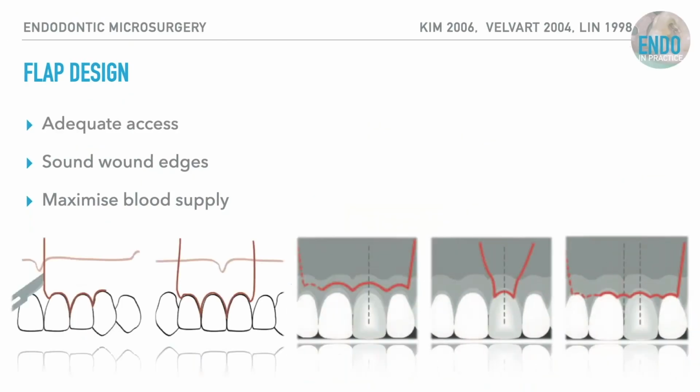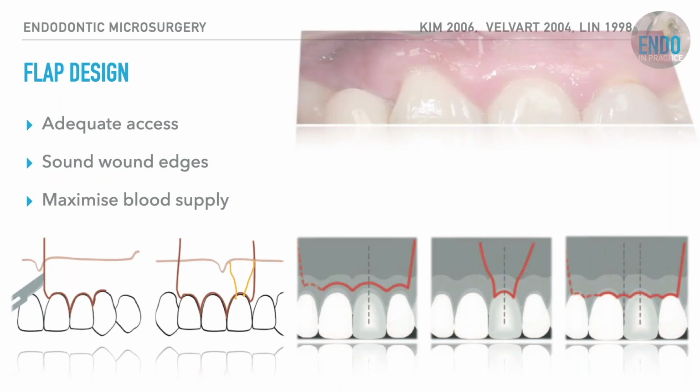Flap design. There are many out there. What I really don't like to see is an incision that's designed at an acute angle away from the gingival margin itself, because this is what will happen.